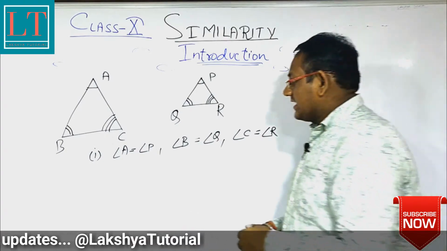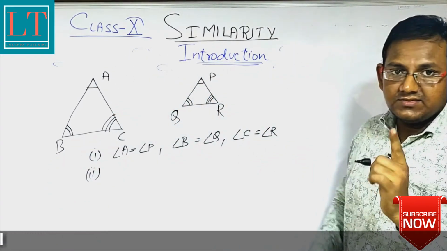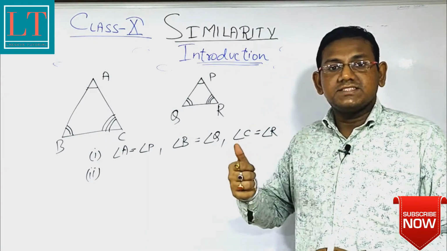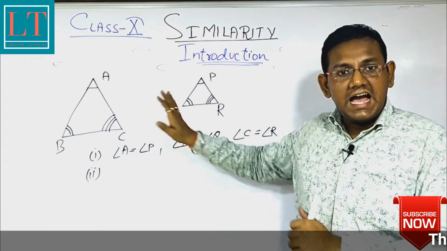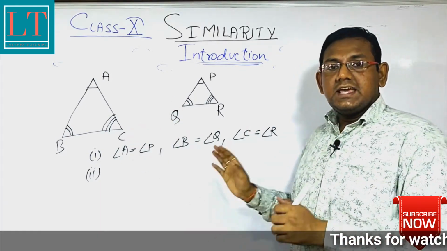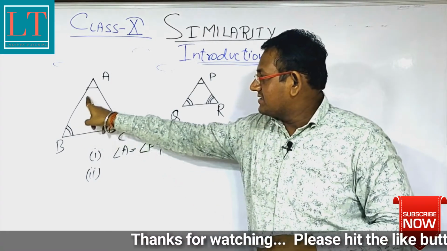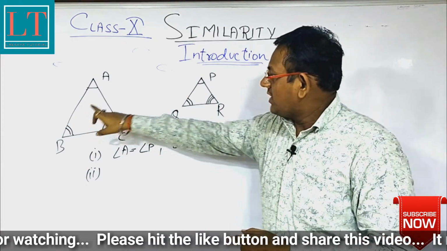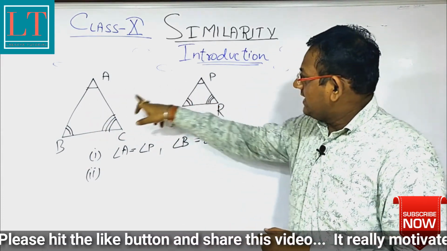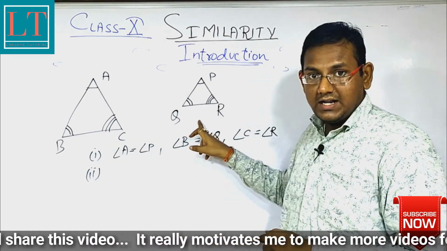And what else? The next point, the sides. Since we have already discussed that it should have the same shape but not the same size, same shape means angles are equal, and not the same size means that AB is not equal to PQ, as we can see from the diagram. Similarly, AC is not equal to PR and BC is not equal to QR.